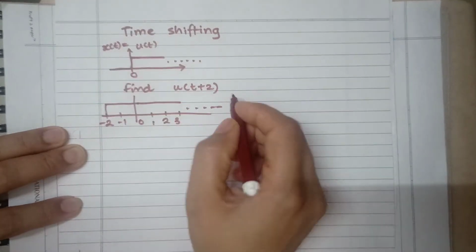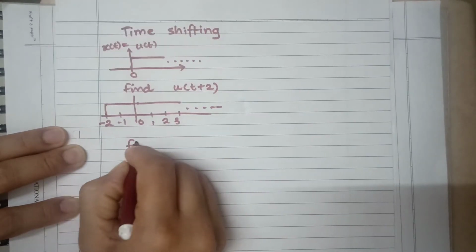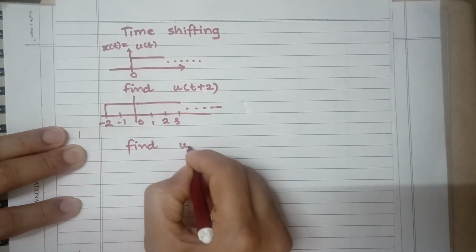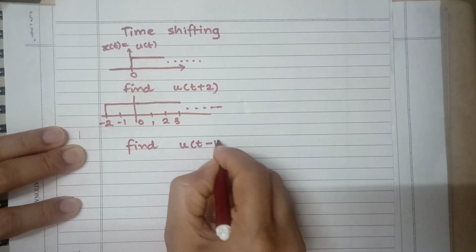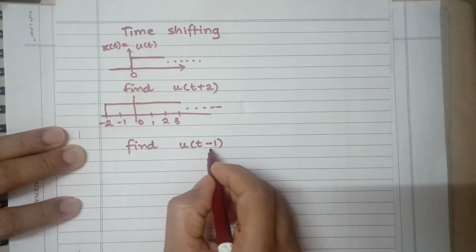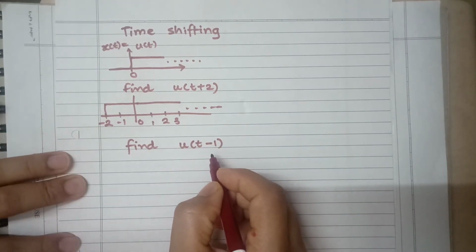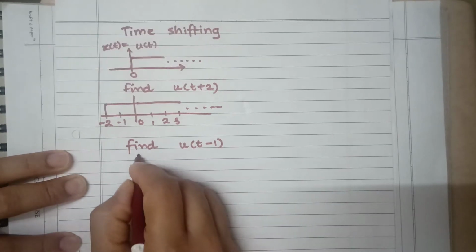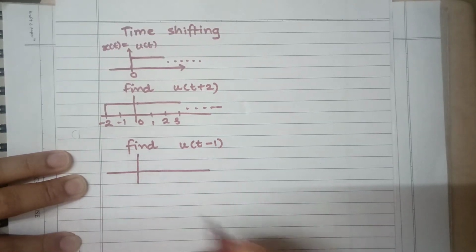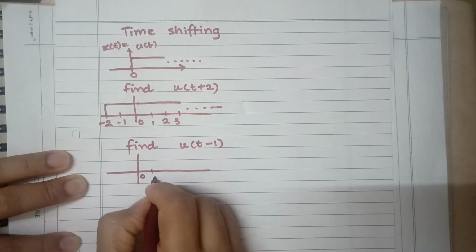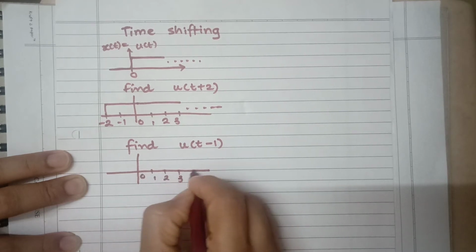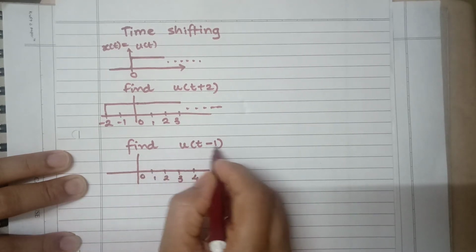Now we want to find u of t minus 1. The minus sign denotes a delay operation. The delay is by 1 unit.